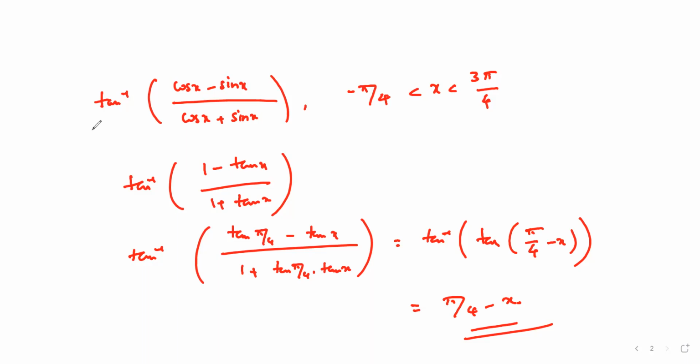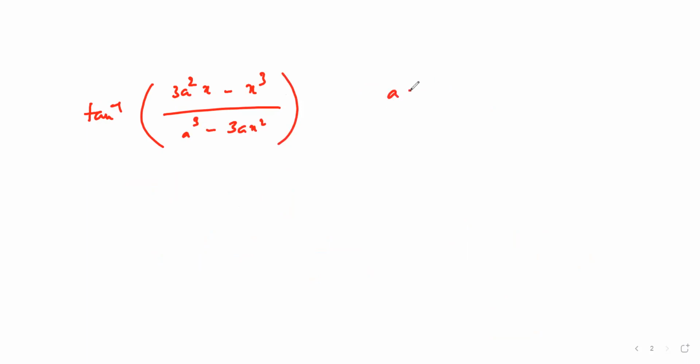Next question, another question. Again, writing in simplest form only. Tan inverse of 3a square x minus x cube by a cube minus 3a x square, where a is greater than 0, minus a by root 3 is less than x less than a by root 3.